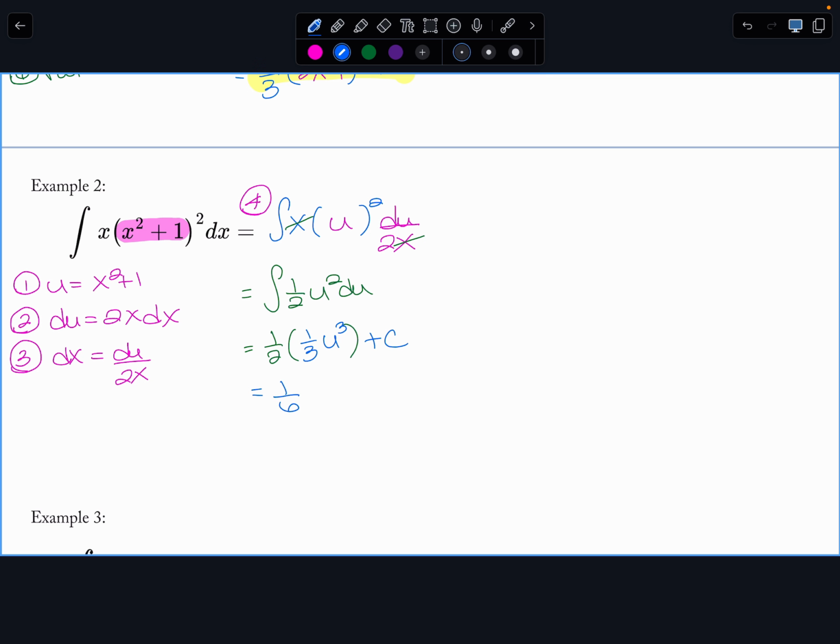So I get 1/6 u cubed plus c. And then I resubstitute my u back in. And I have my plus c.